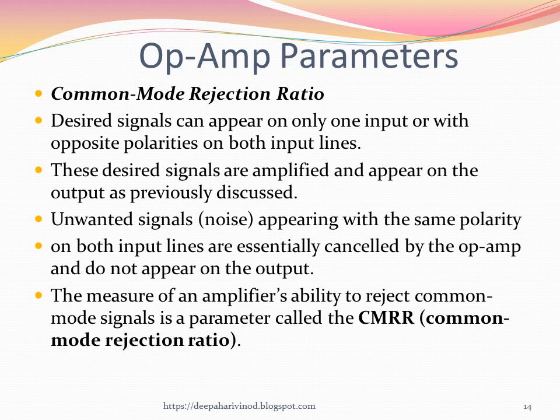Unwanted signals appearing with the same polarity on both input lines are essentially cancelled by the op-amp and do not appear at the output. The measure of the amplifier's ability to reject common mode signals is a parameter called common mode rejection ratio.